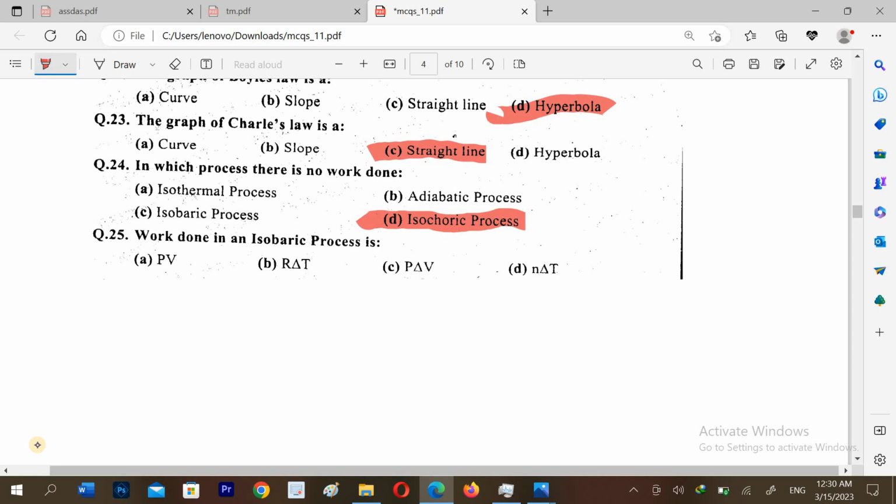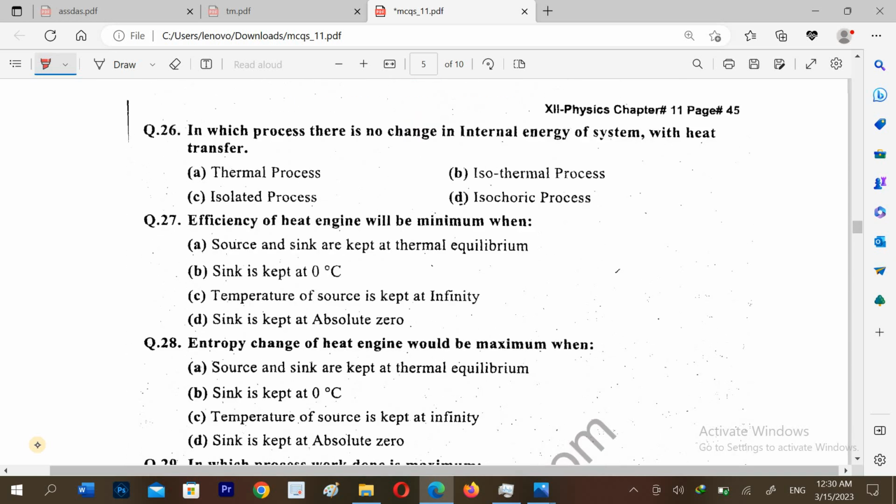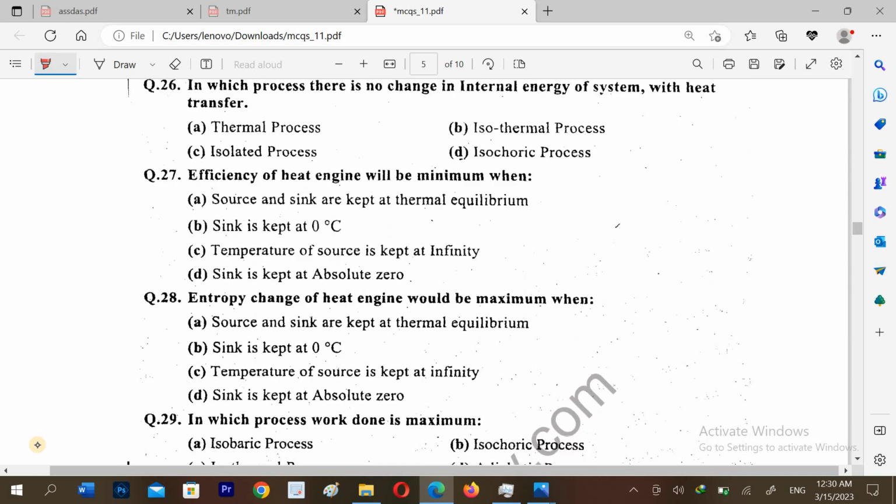Work done in isobaric process is... C. In which process there is no change in internal energy of system with heat transfer?